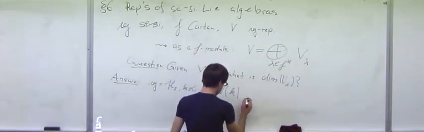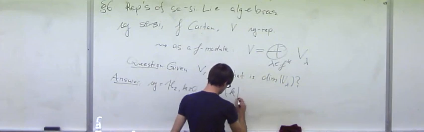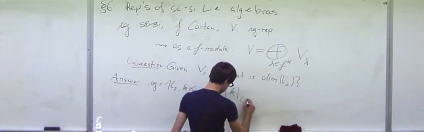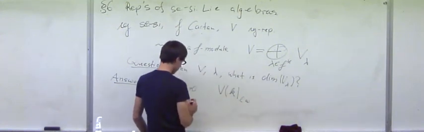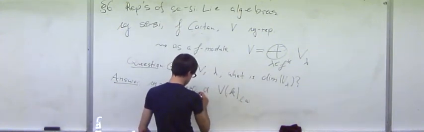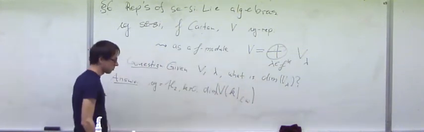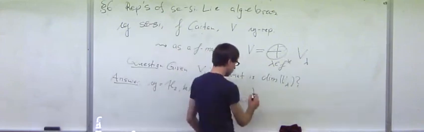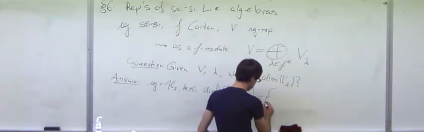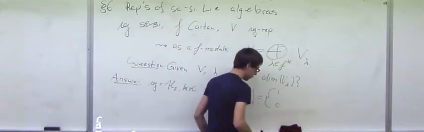And then we had these weights, say L times omega. So what's the dimension of this vector space? Well, we've seen that this is either 1 or 0.